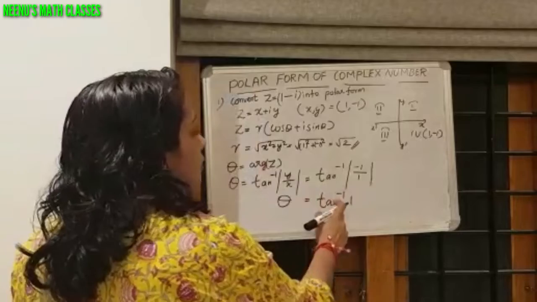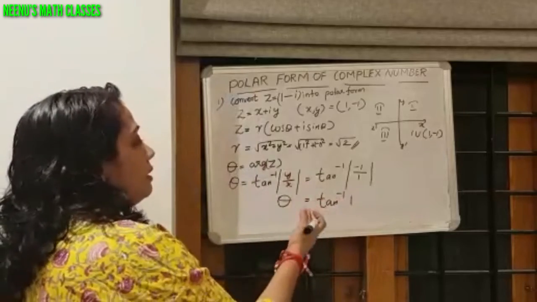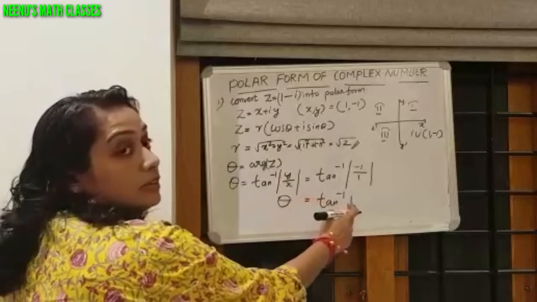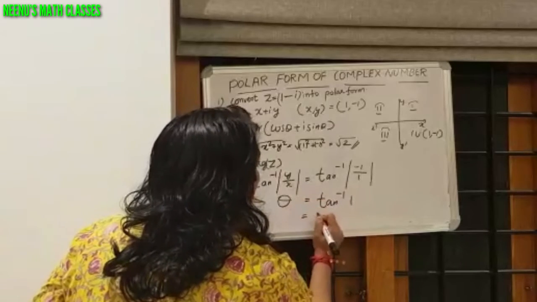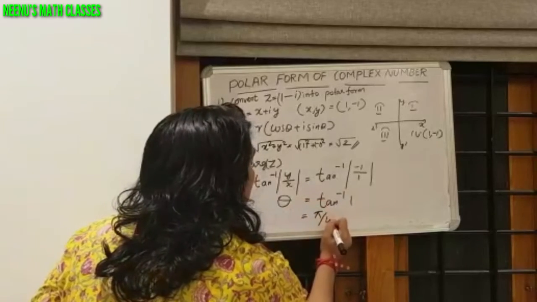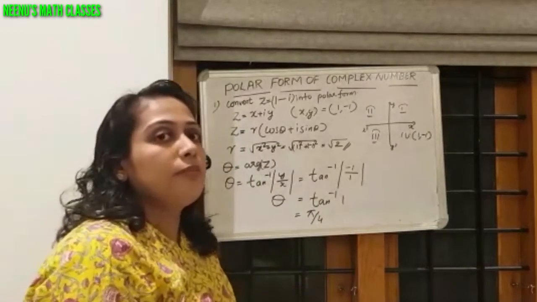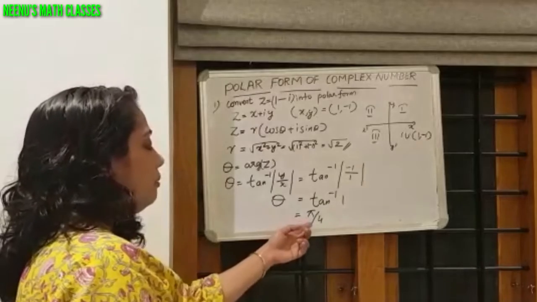That is tan theta equal to 1. Which value of theta gives tan inverse of 1? Theta equal to pi by 4, that is 45 degrees. Tan 45 equal to 1. So theta equal to pi by 4.